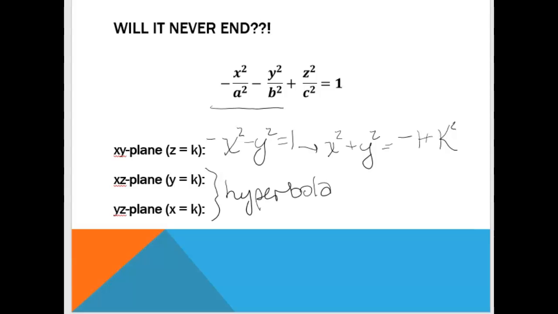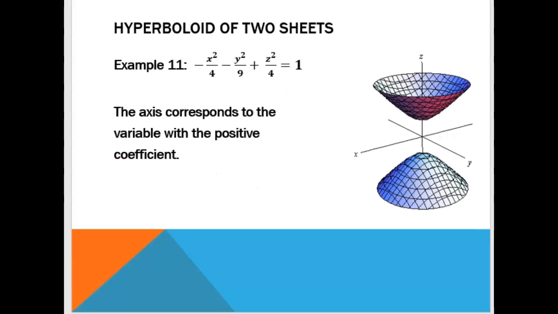I might have x squared plus y squared equals something negative, which certainly can't happen. Here's the result. A hyperboloid of 2 sheets. So the space in the middle is what happens if my value of z is not big enough to make up for the negative 1. I get an impossibility in the middle there. And otherwise I have hyperbolas and ellipses.